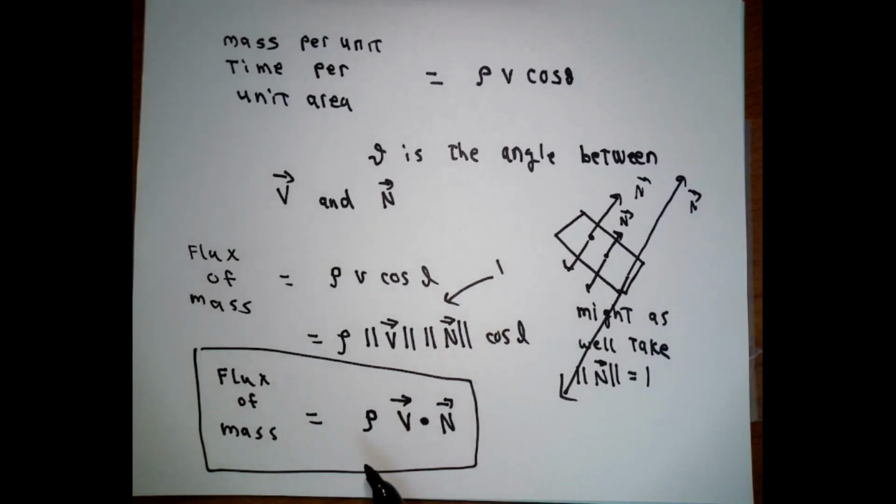That is to say, mass density multiplied by the dot product of the velocity vector with this unit normal vector.